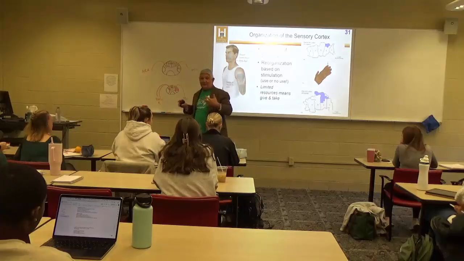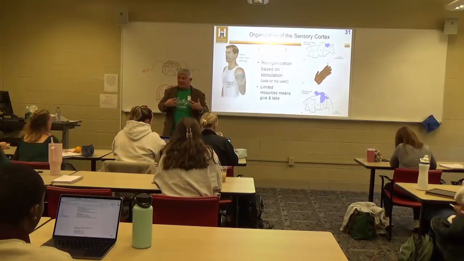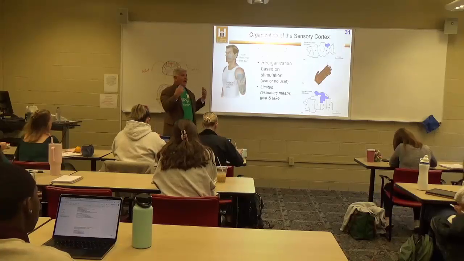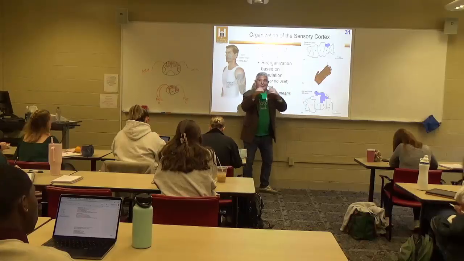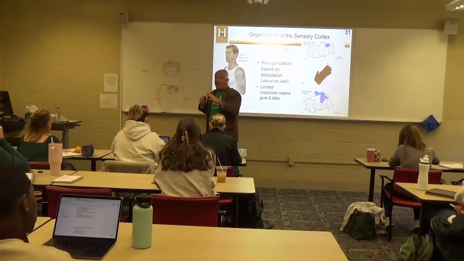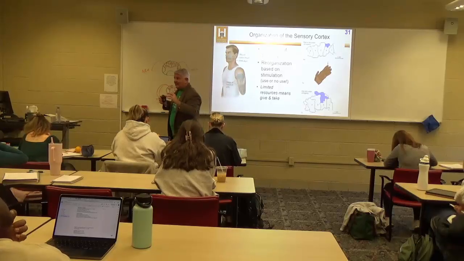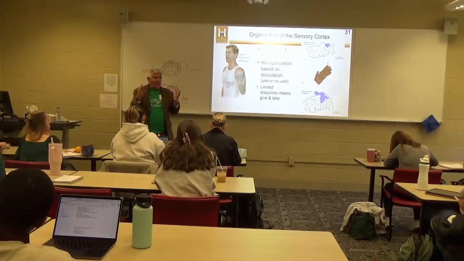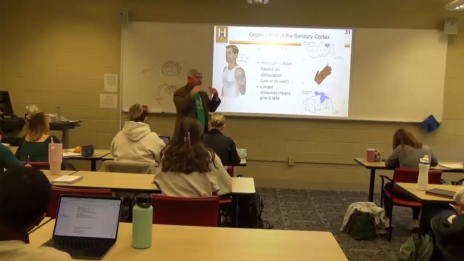The face, right? The face on one side and the arm on the other side. And so as those adjacent areas of the brain come in and start to take over the cortex, the cortex for the hand doesn't just rot or go away. The areas adjacent to it start to expand into it.